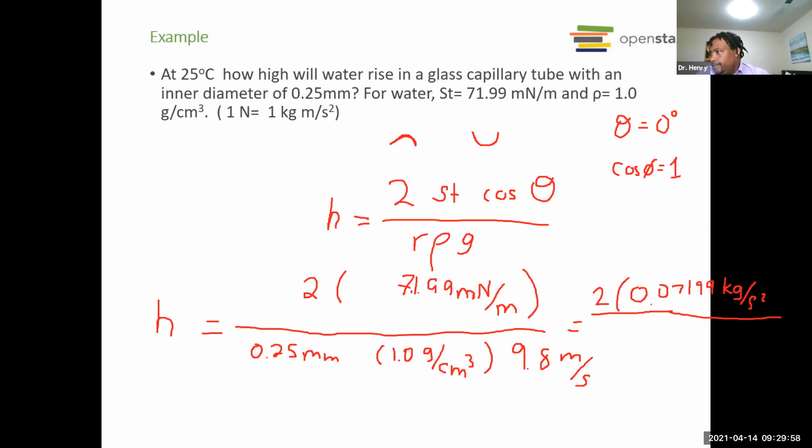So 2 times, we change these into meters, 2.5 times 10 to the minus, oops, sorry. Since it's diameter, we have to divide this by 2, so it's 1.25, because that would give me my radius.